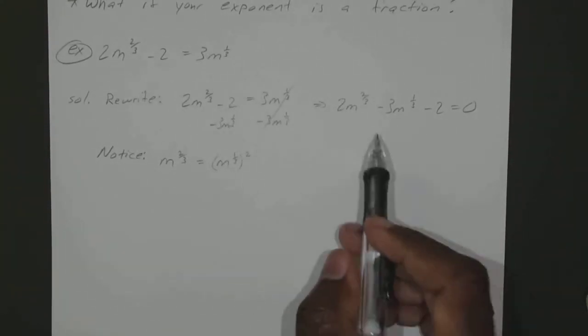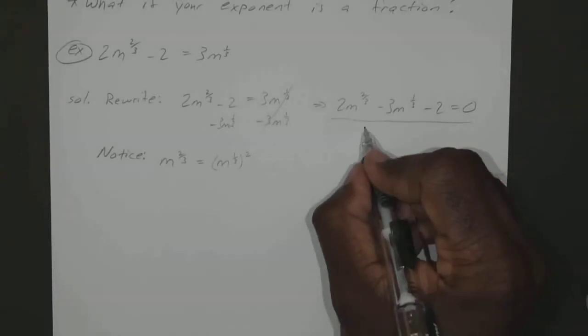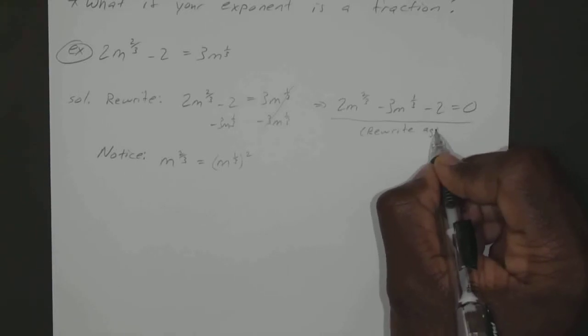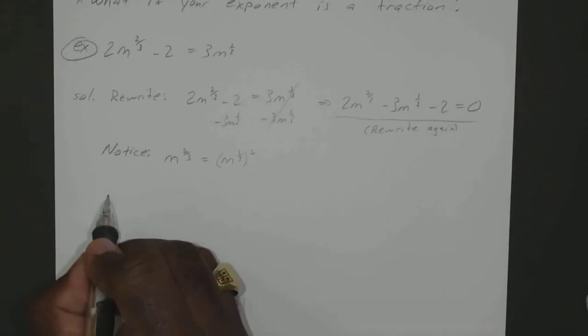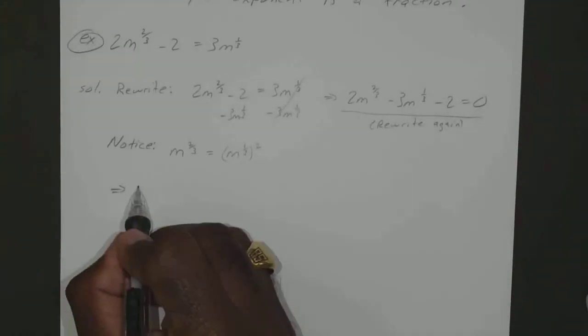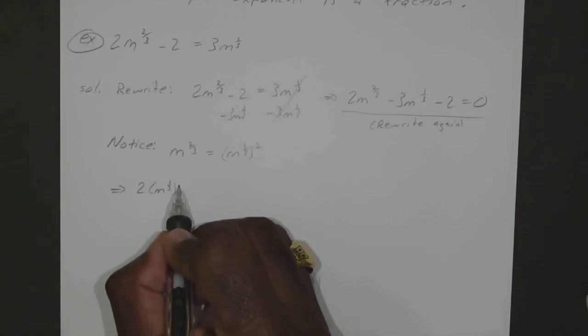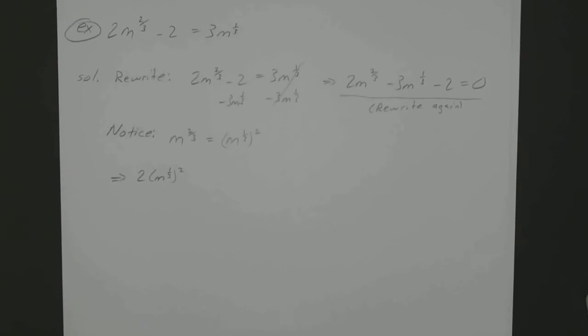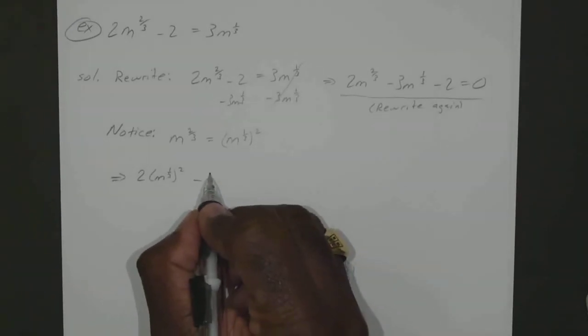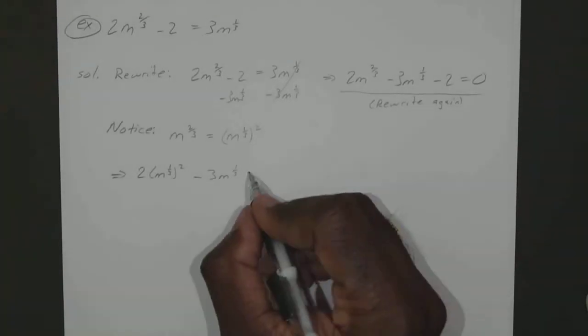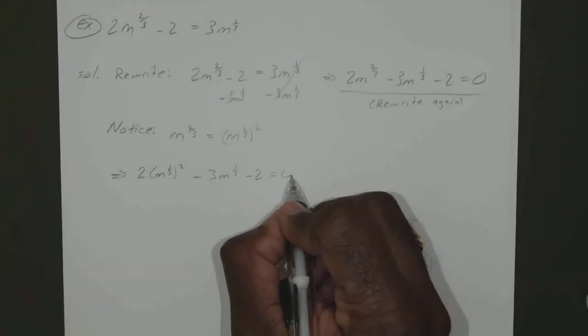Okay, so you can rewrite this once again. And that becomes 2 times m to the 1/3 power squared minus 3m to the 1/3 power minus 2 equals 0.